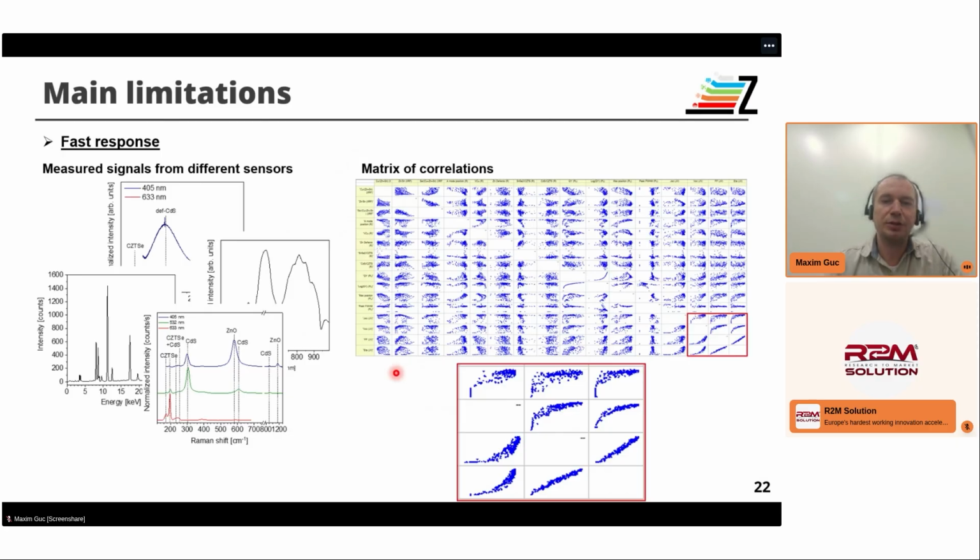Here you can see an example: imagine we have different sensors installed at different production process steps, analyzing different properties, and then we have a really big matrix of correlations between the properties of the materials and the changes in the signal of each of the sensors.